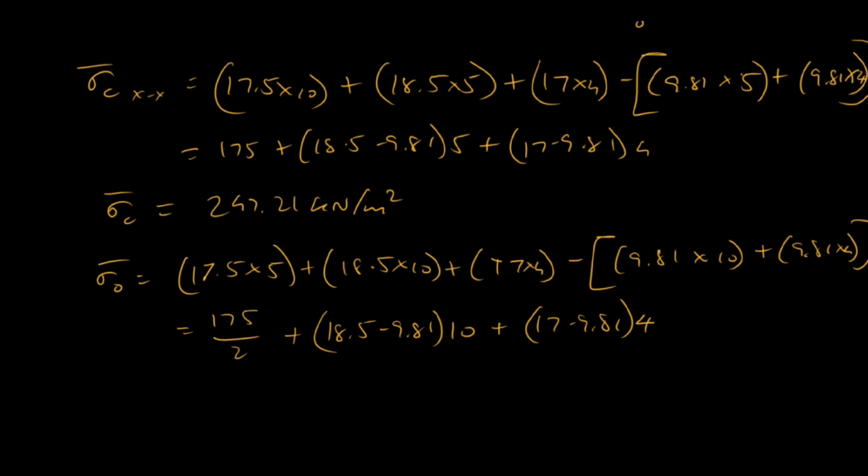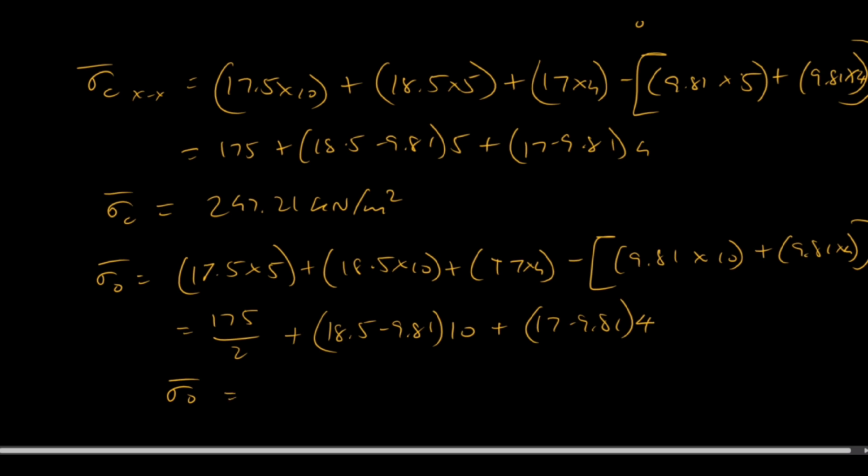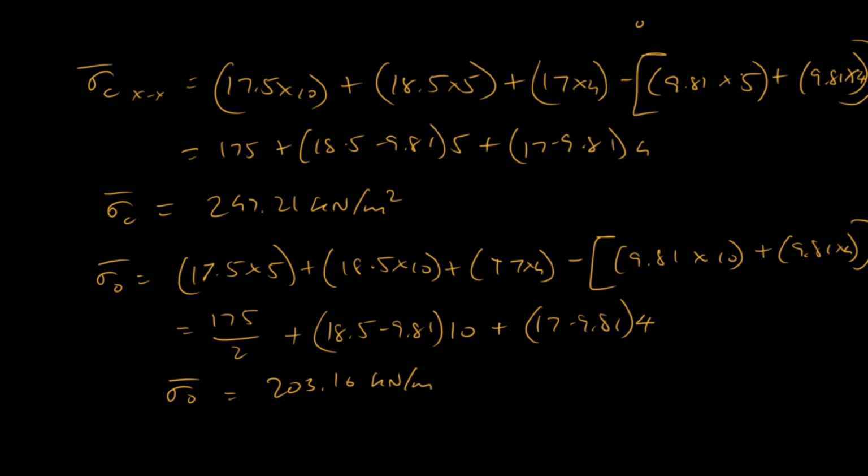From this we get sigma naught dash equal to 203.16 kilonewton per meter square.